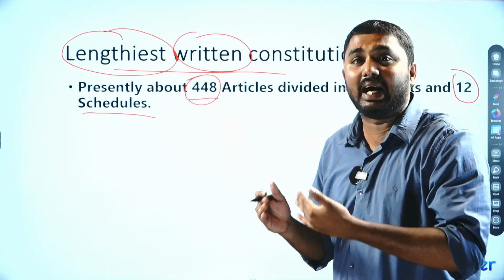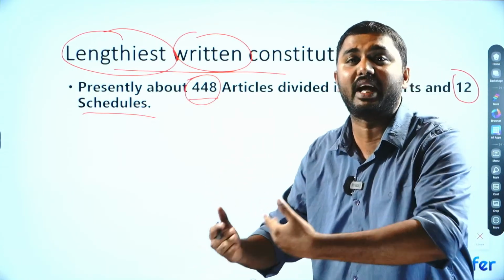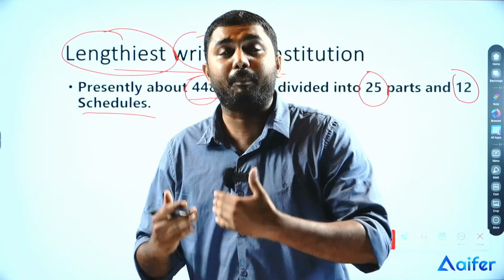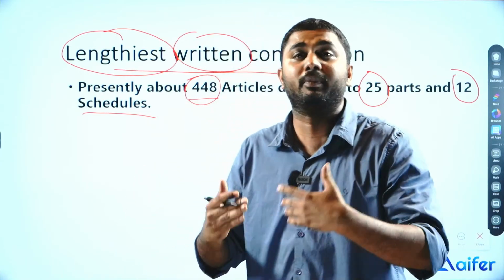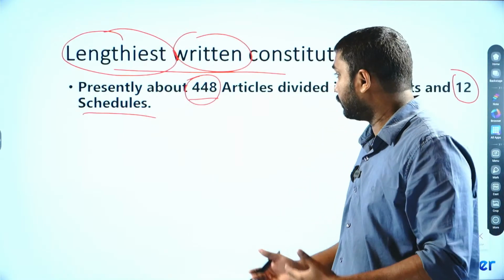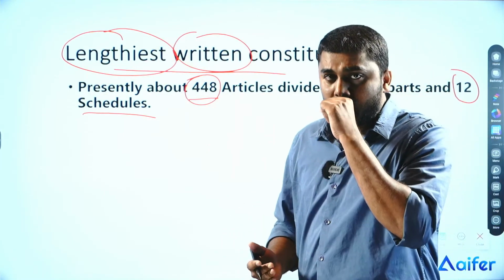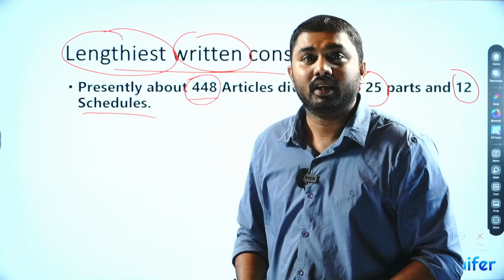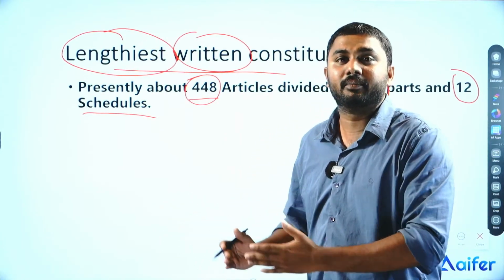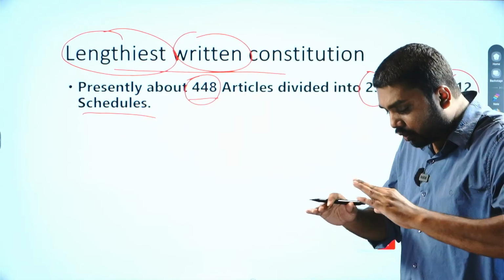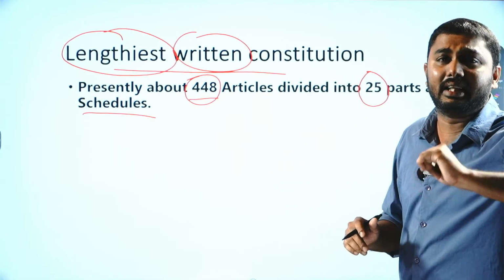And how many articles, parts and schedules did we have when we drafted the constitution? And how many changes are there? We discussed all these things in the last class.